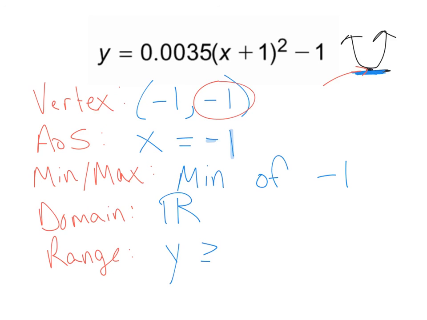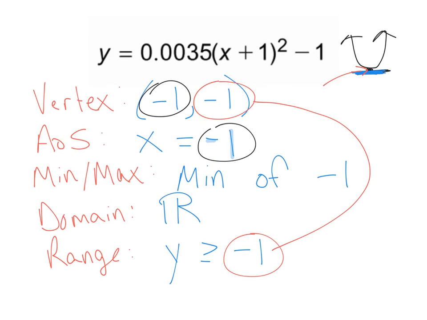The vertex is at negative 1, negative 1, which means we need y values greater than or equal to negative 1. So these two numbers will always be the same, and these two numbers will always be the same. So your vertex gives you the axis of symmetry and the number that you're going to use in your range every single time.